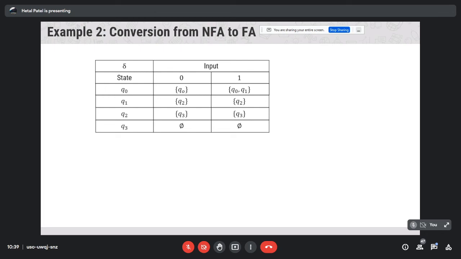Okay, if you have written this transition table, start writing the delta function for the particular initial state, starting with the initial state.